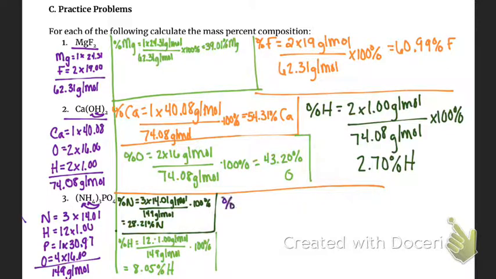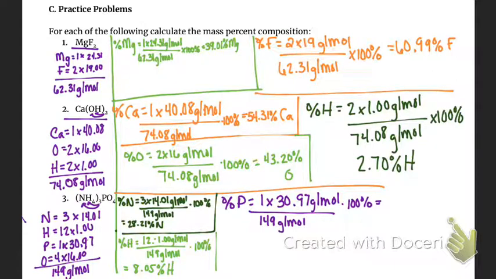Phosphorus is the next one on the list. So we had one of them at 30.97 grams a mole, and still over 149. Times that by 100%, and our percent phosphorus is going to be 20.79.